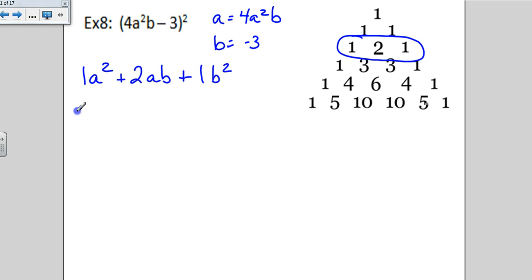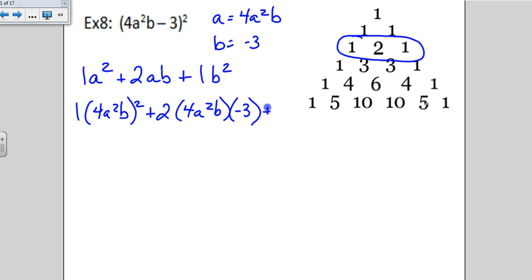So if I fill that in, 1 times a squared would look like that. 2 times a times b would look like that. And then b squared would end up doing that.